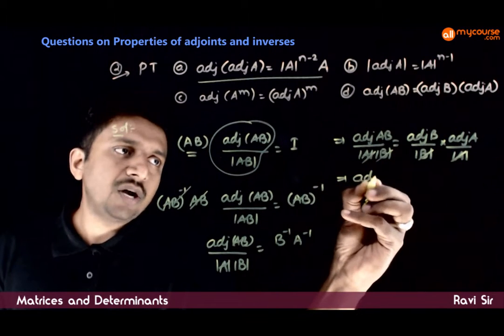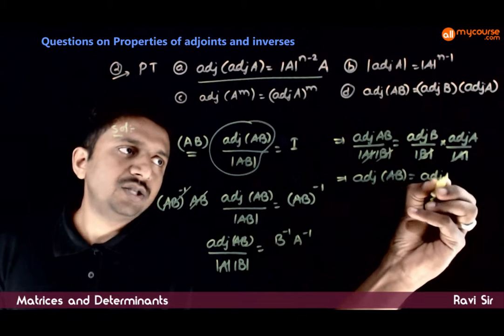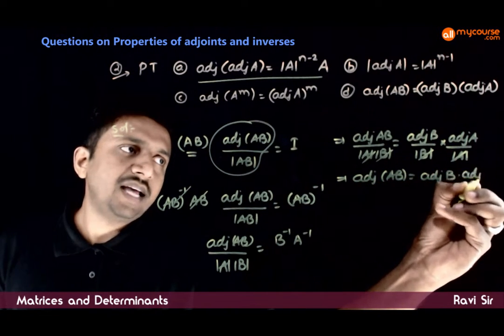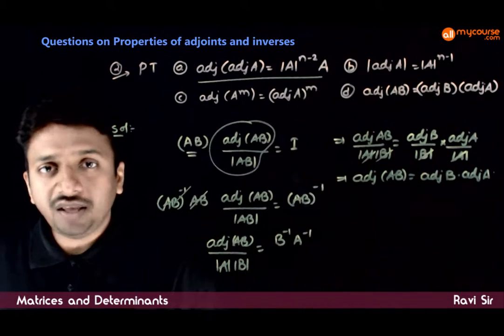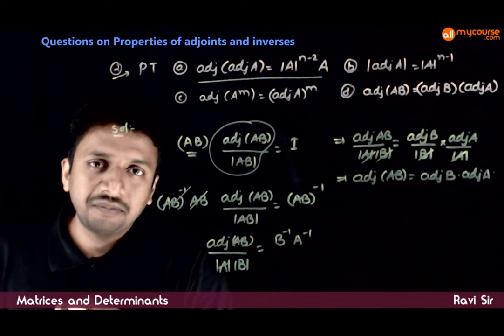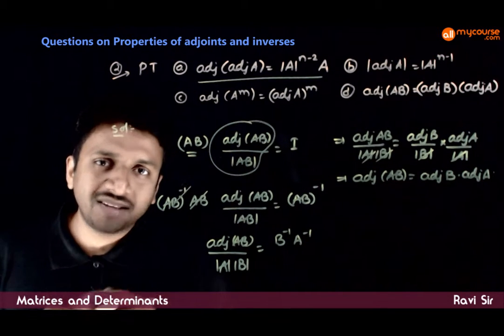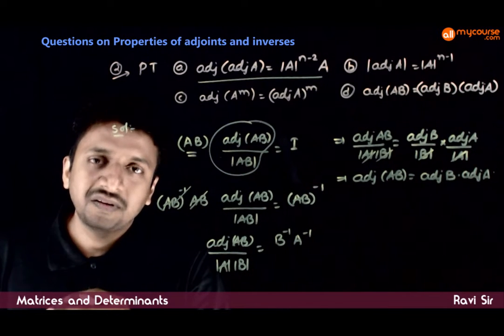So you get adjoint of AB is equal to adjoint of B times adjoint of A. So this is how you have proved the fourth result. Similarly, if you are asked to prove other results, you can use a similar process to get the answers. Thank you.